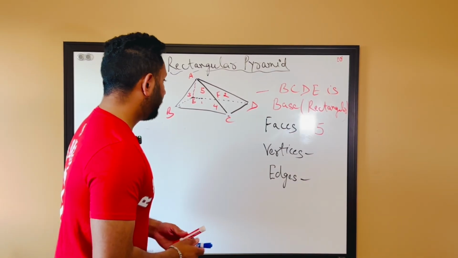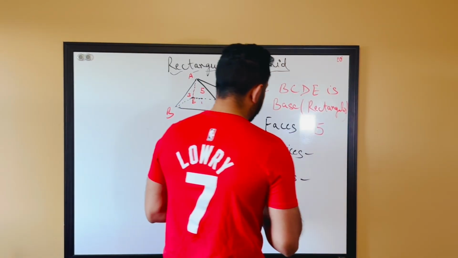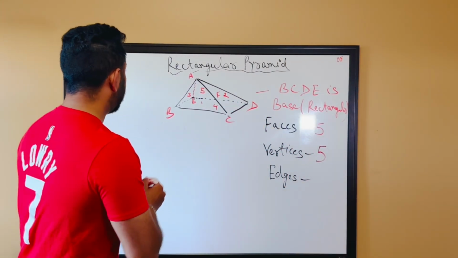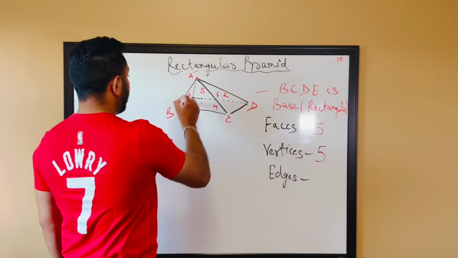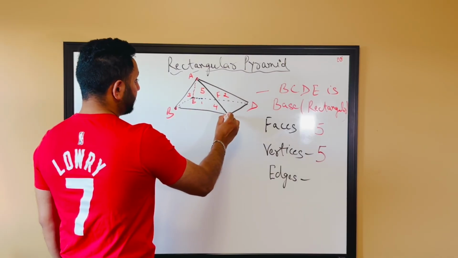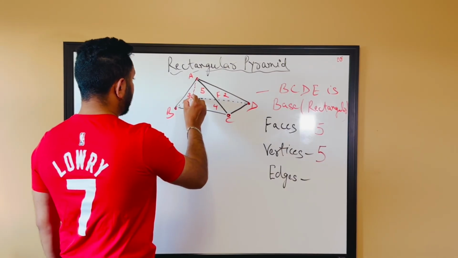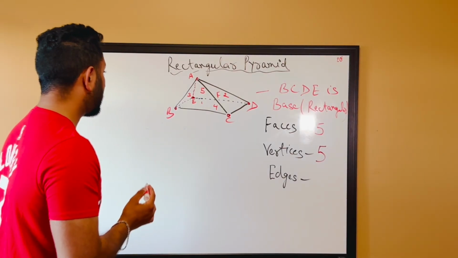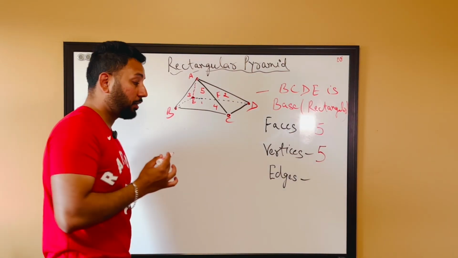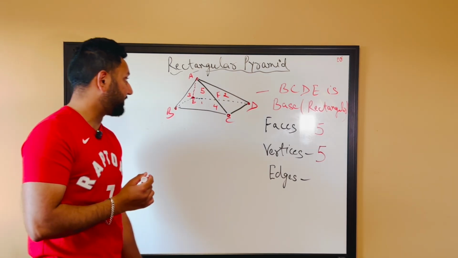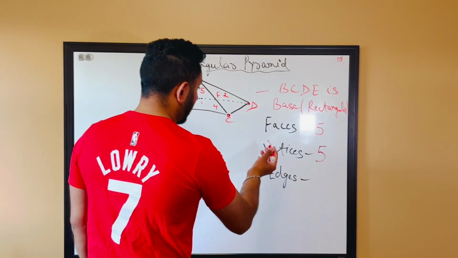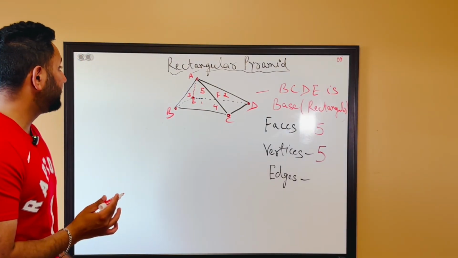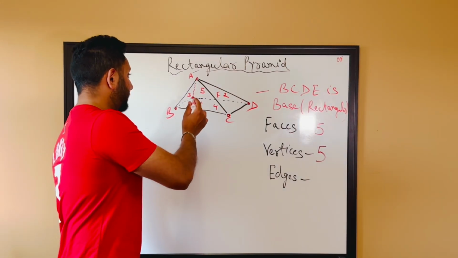So if we talk about vertices, there are 5 vertices of a rectangular pyramid, and they are A, B, C, D, and E. Vertices are the corners where two or more lines meet or intersect. And now let's move to the edges. Edges are basically the lines that connect two vertices.